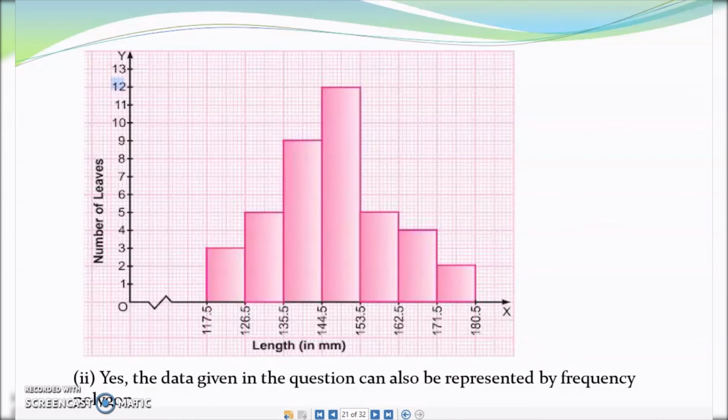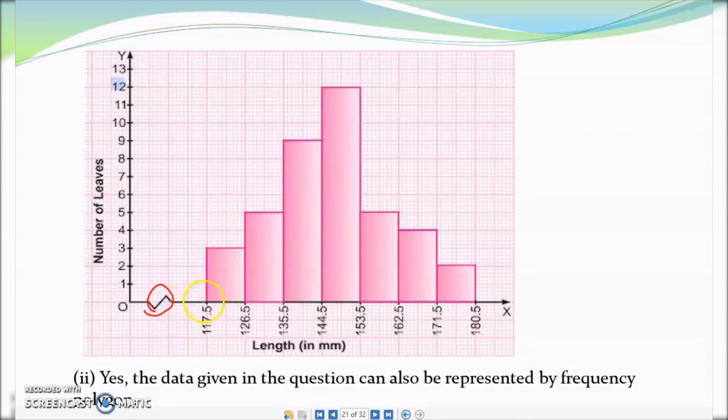So these new intervals that you have got after this adding and subtracting of 0.5, now it is starting from 117.5. So here this kink symbol has been put. If we are starting directly from 0, then you don't need to put this. You put this symbol when you are starting from another number which is not 0.